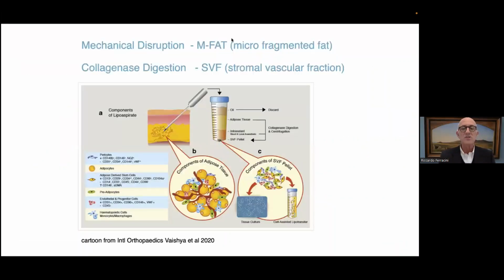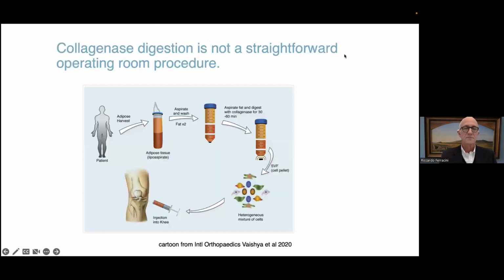So what is interesting is that you have to suck the area where the vessels are, the small vessels of the tissue, and then you have to do something to either digest them with collagenase, and this is called SVF, as I said, stromal vascular fraction, because they come from the vessels. Or you can mechanically disrupt them, as in Lipogems.